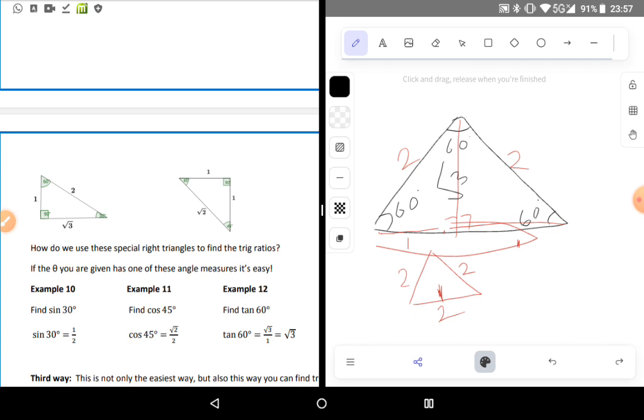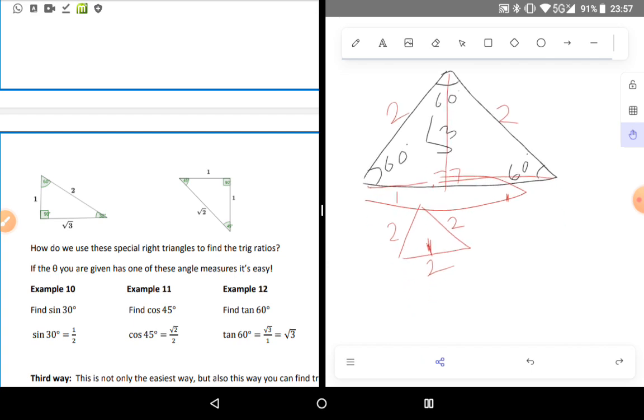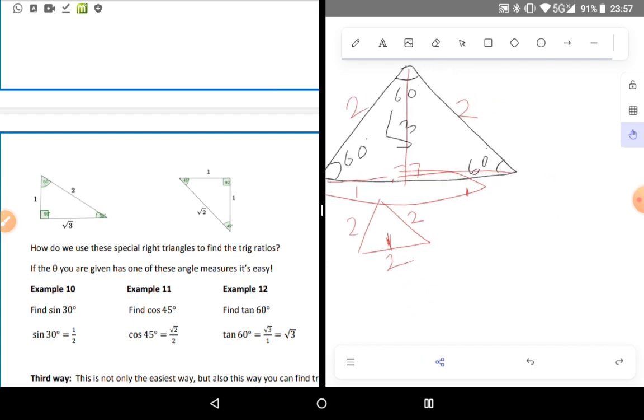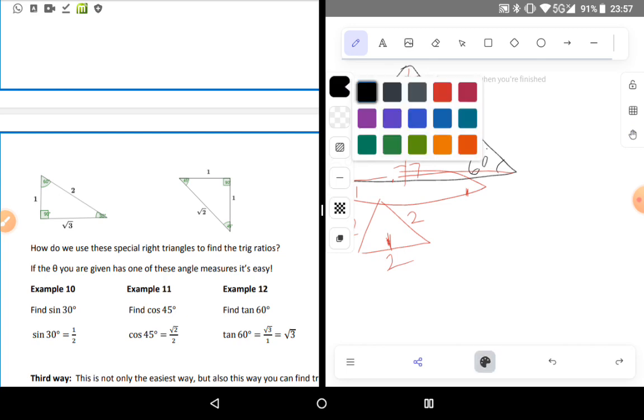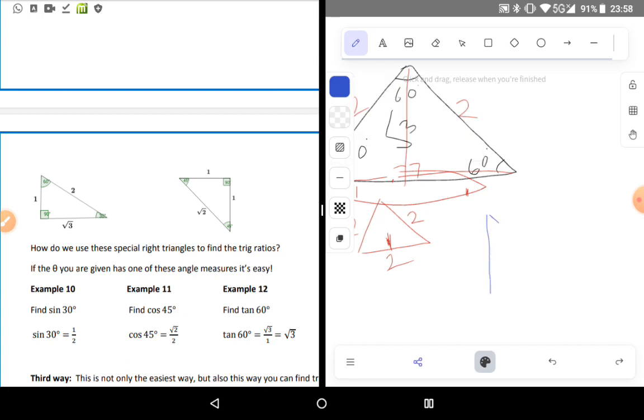So what I'll do now is cut this triangle into two. I'll just bring out one, so let me switch the pen to blue. Here I just have one of the triangles, then on this side I have the 90 degrees, just like I do here.